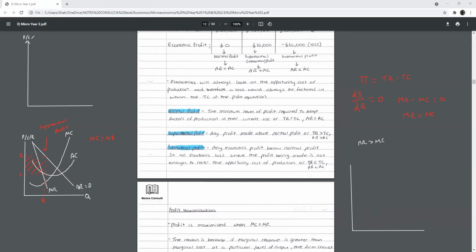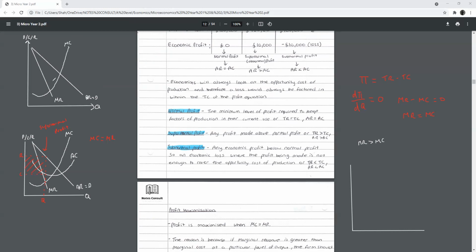So price, cost, revenue and quantity. I'm going to draw my AR and MR curve first. It's always good to practice this in your free time, just the graph drawing, because you're going to be doing that so much. So I drew my AR and my MR. And then I'm going to draw my marginal cost next.